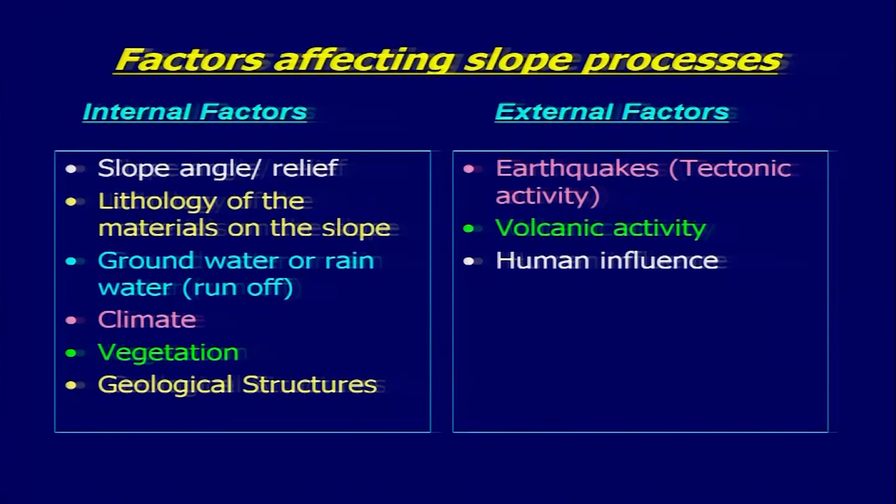Then we have another one, which is human influence. These are very important factors, internal and external, and you will learn about them when we discuss some of the types of landslides or mass wasting, where the geological structures, the lithology or the slope has played an important role.